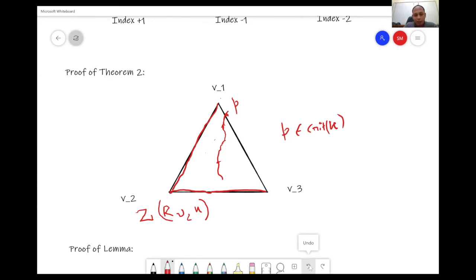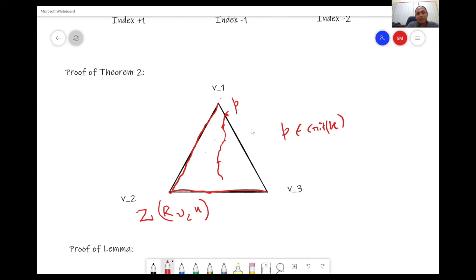Similarly, I can argue with other vertices to find a critical point that lies on the side opposite to the other vertices. Now finally, just to give an idea of why this critical point has to be of non-zero index, that is a bit difficult, but let me tell you this.